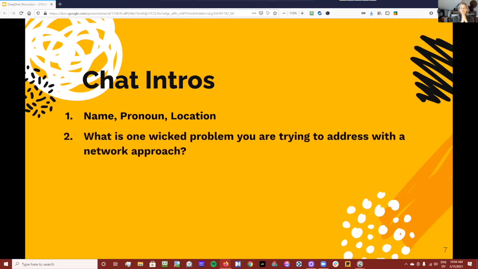Next, what is one wicked problem that you're trying to address with a network approach? So I assume everybody comes here because they work with networks or they have challenges that they want to solve that they understand require networks.